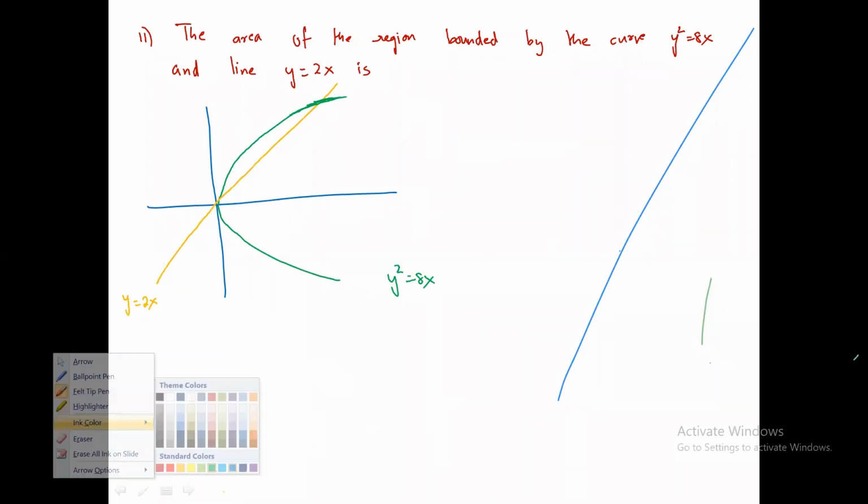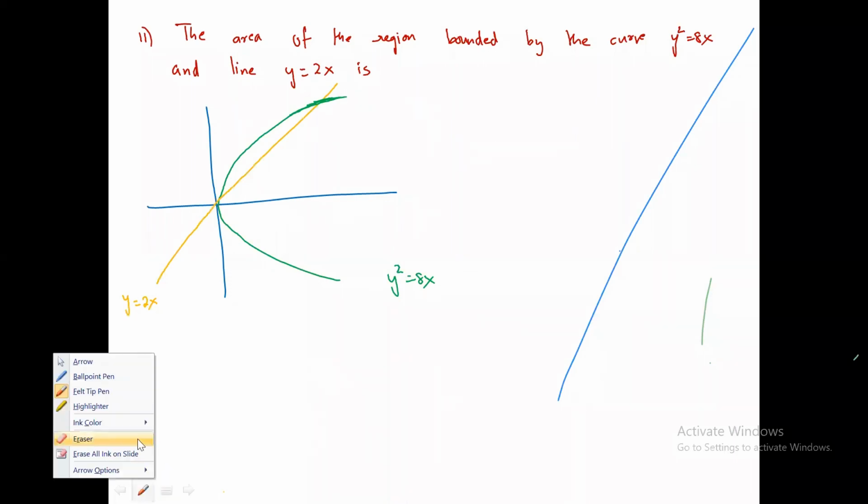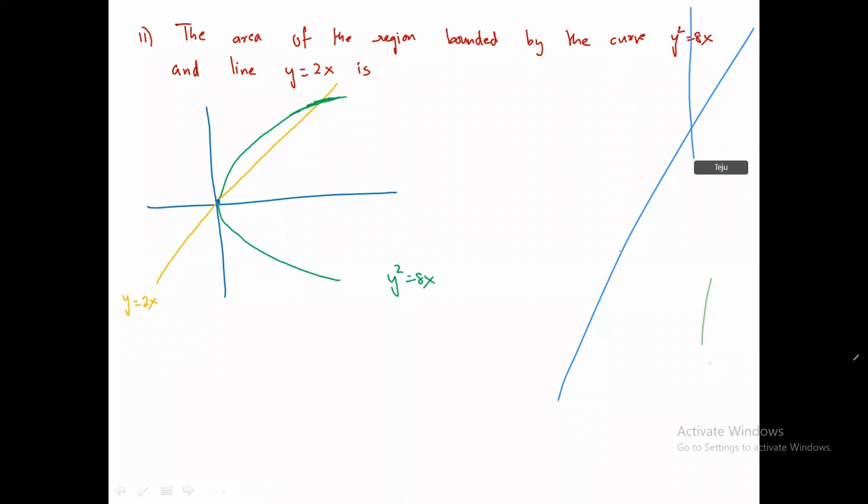They are intersecting at 2 points. So we have to find those 2 points. One point, obviously, will be origin. The other point is the only thing you have to find. How will you find? You will take both equations, parabola equation and line equation. This line equation you can square: y square equal to 4x square.